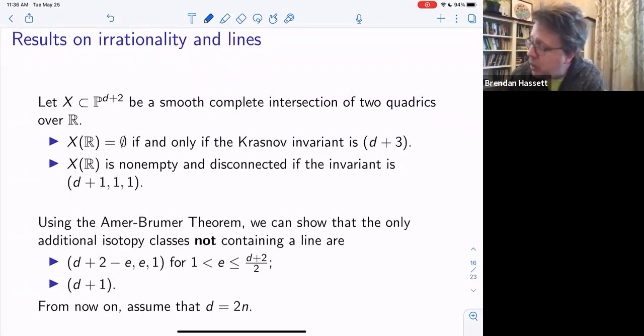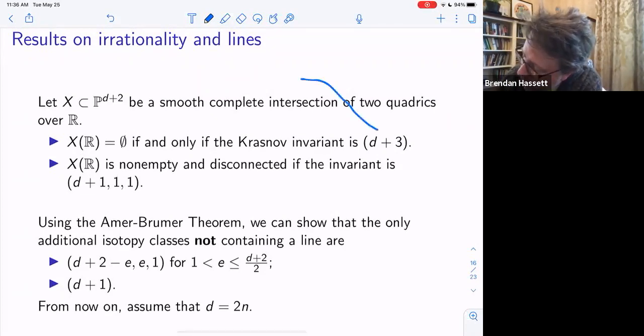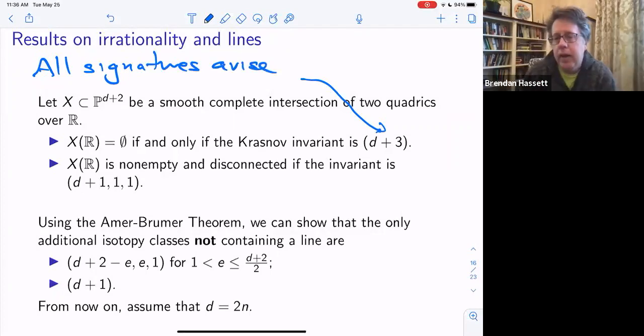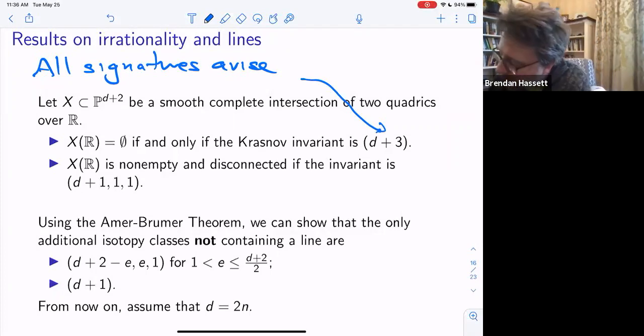And what this basically means here is that all possible signatures arise, right? So if it's D plus 3, then you go from positive definite to negative definite. And so that includes the definite form.